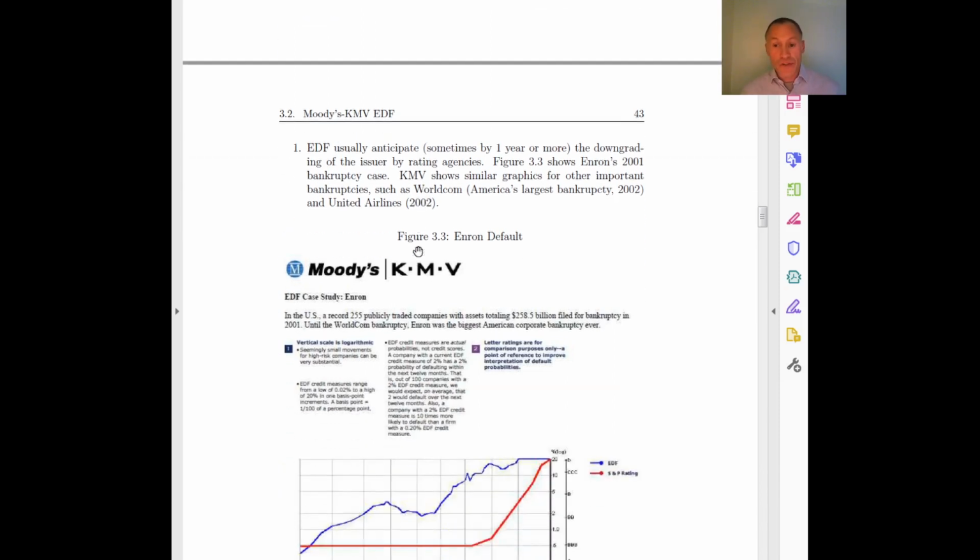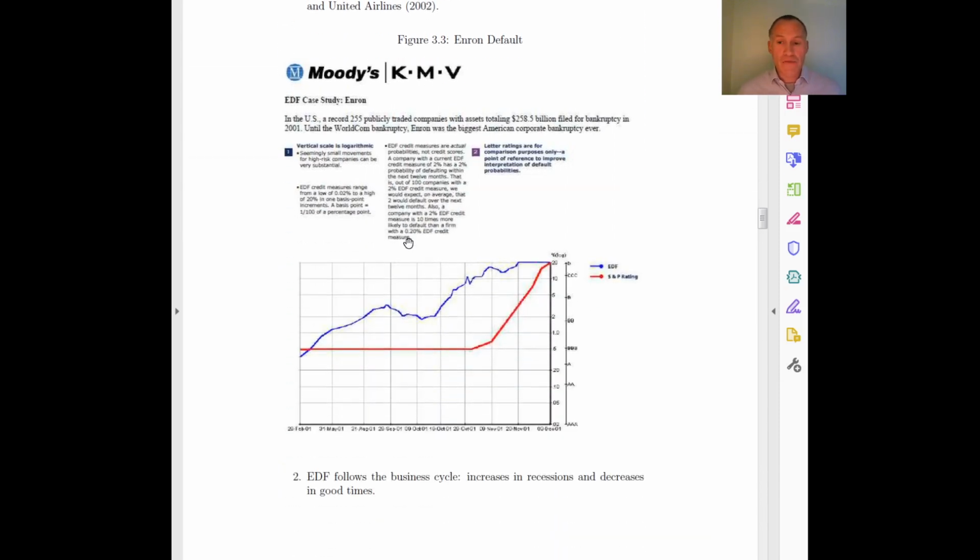And to show their case, KMV published some examples that illustrate in a very stark way the advantage of their measure. This example in particular is the example of Enron. If you have not heard about this company yet, I definitely recommend that you read about it.